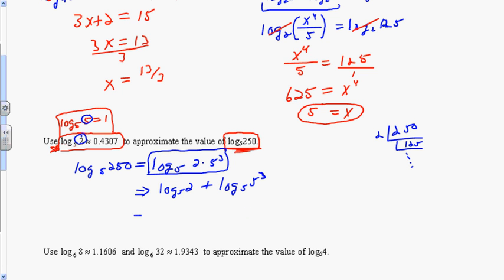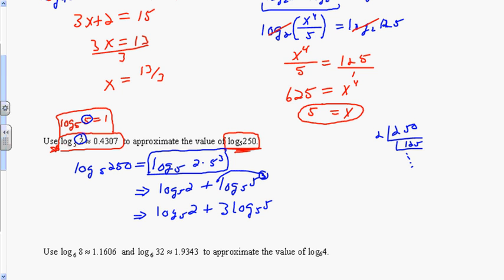Okay, which allows us to say log base 5 of 2 plus 3 log base 5 of 5. That's using the property where the exponent comes out to the front.